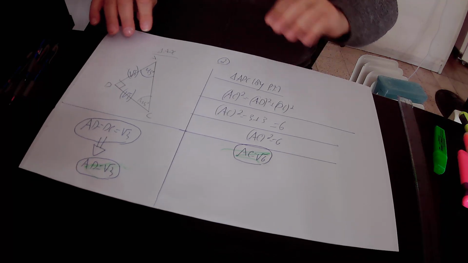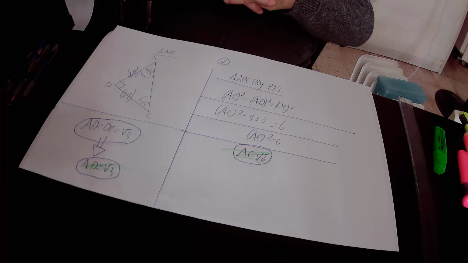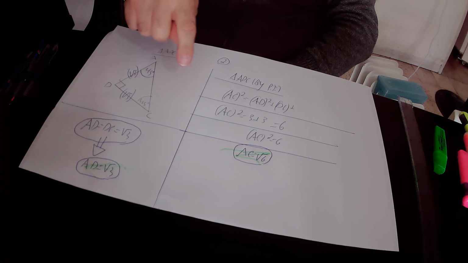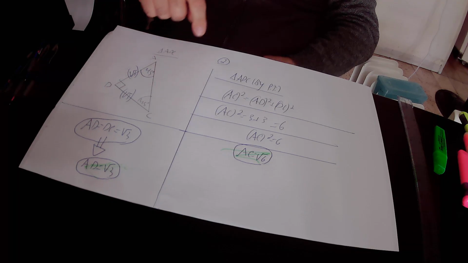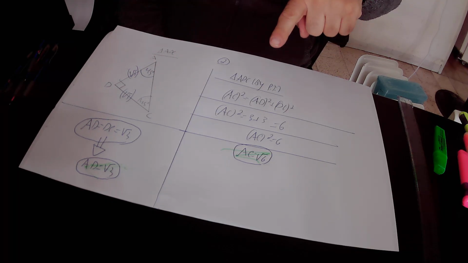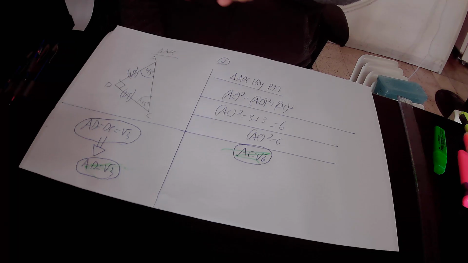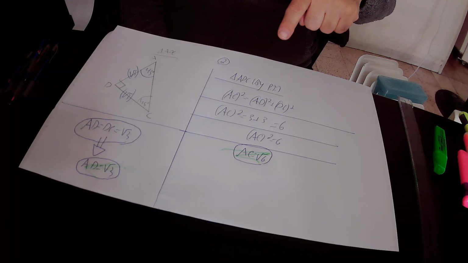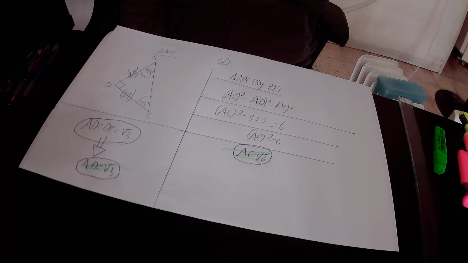We continue to focus on this right triangle, triangle ADC. On the right triangle ADC, according to the Pythagoras theorem, AC squared equals AD squared plus DC squared. AC squared, that is the square of the hypotenuse, equals AD squared. AD is equal to square root of 3, therefore AD squared is equal to 3, plus DC squared.